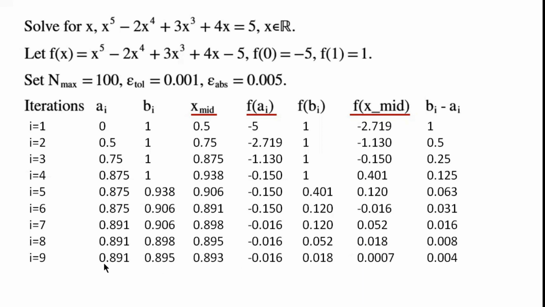So when i equals 9, we set ai to be equal to 0.891, bi to be equal to 0.895, x mid equals 0.893, f of ai equals minus 0.016, f of bi equals 0.018, f of x mid equals 0.007, bi minus ai equals 0.004.